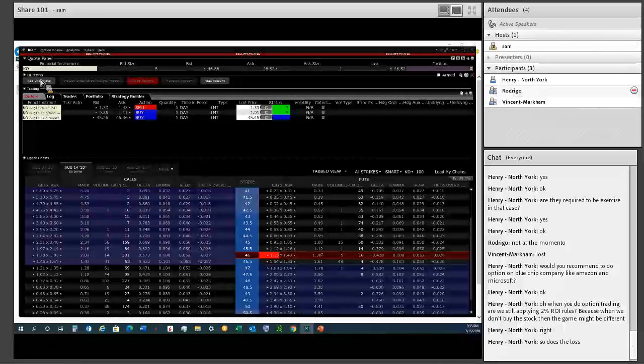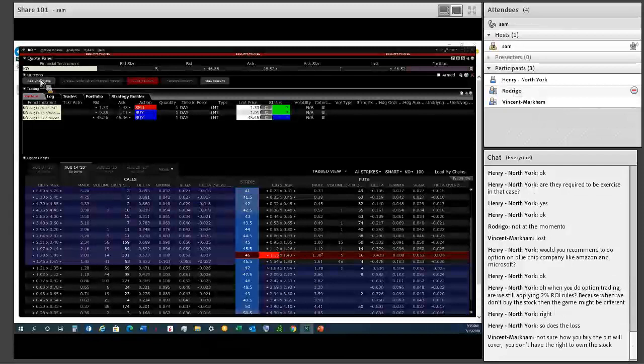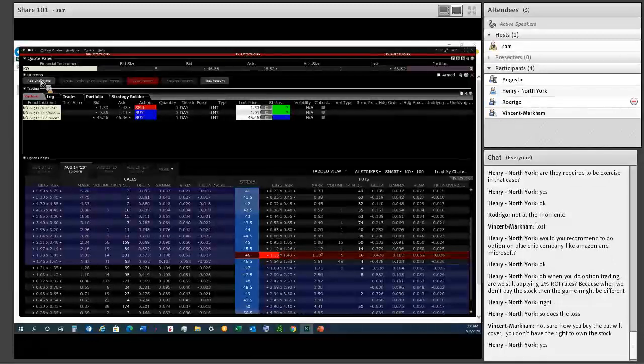You're risking $1 to make $1. If the stock stays where it's at, you make nothing. If the stock goes to 47, you make $1. If the stock goes down below your strike price of 46.50, you take a $1 loss. Does that make sense, Henry?